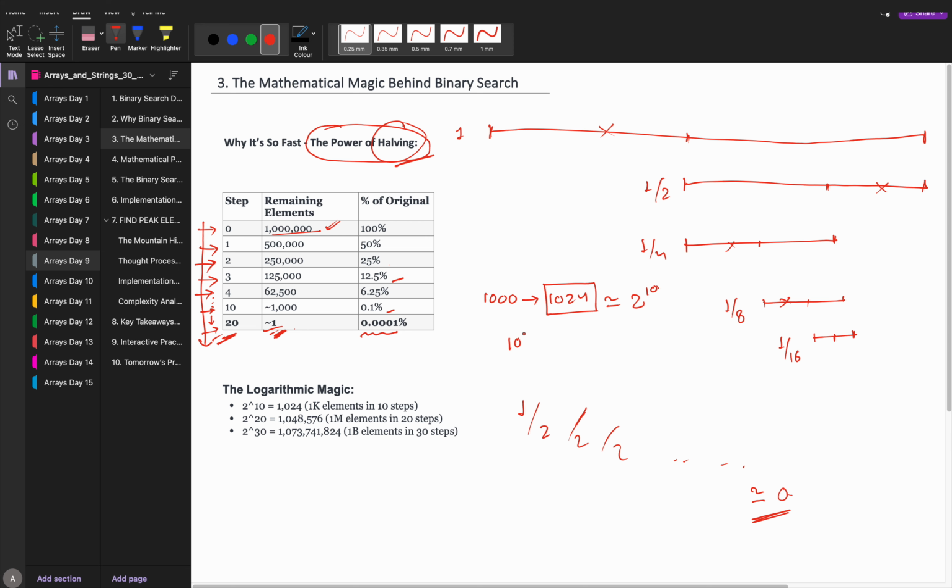So can't I say 10 power 3 is almost equivalent to 2 to the power 10? Similarly, if I go to 1 million, this was 1000, that was K, now this is a million. 10 power 6 is equivalent to how much? 2 to the power 20. 10 power 6 is equivalent to 2 to the power 20. That's how it is.